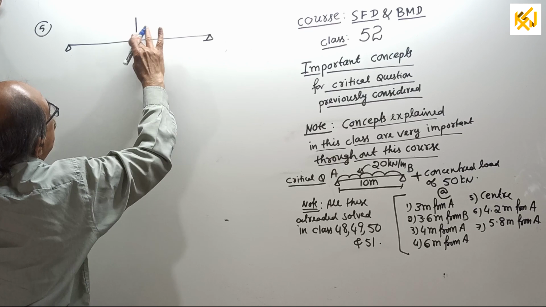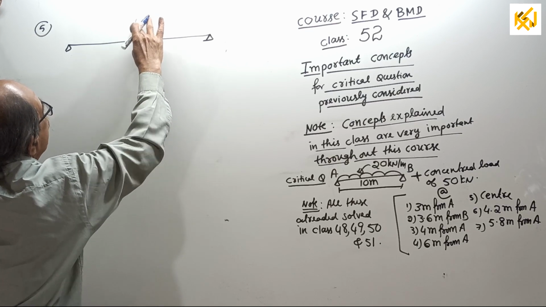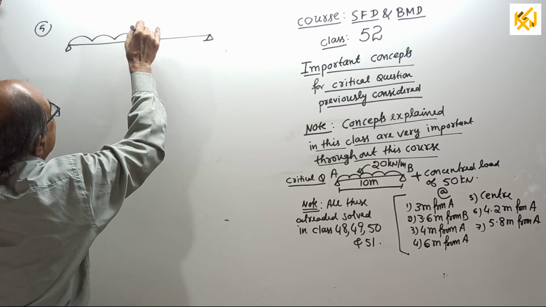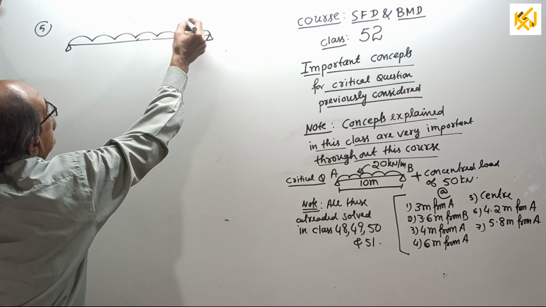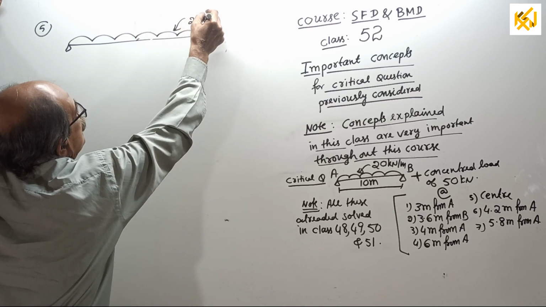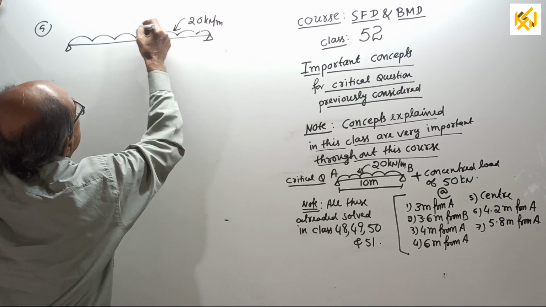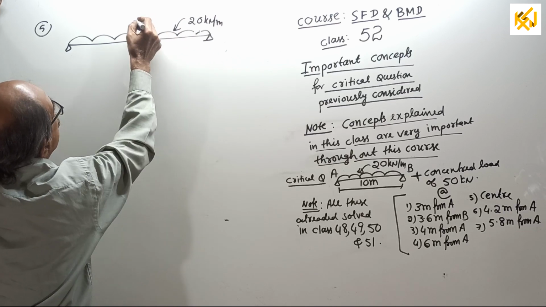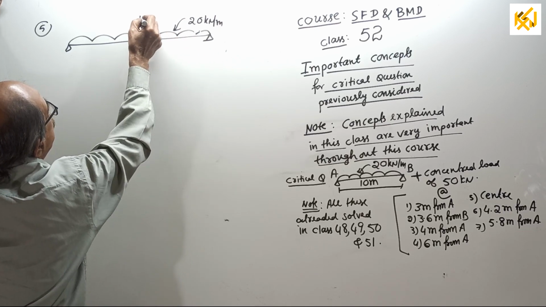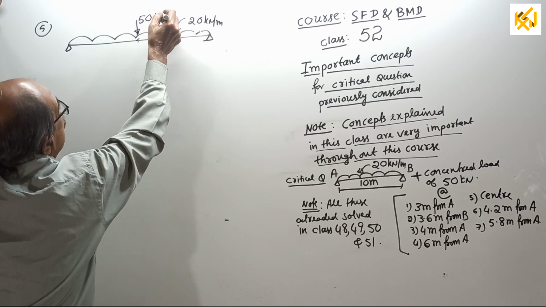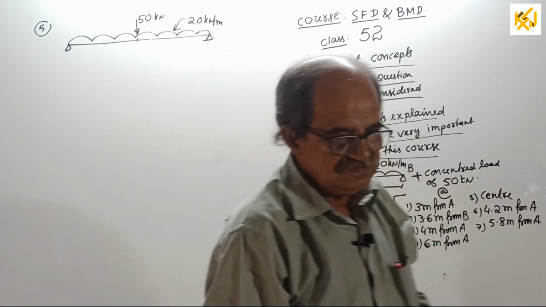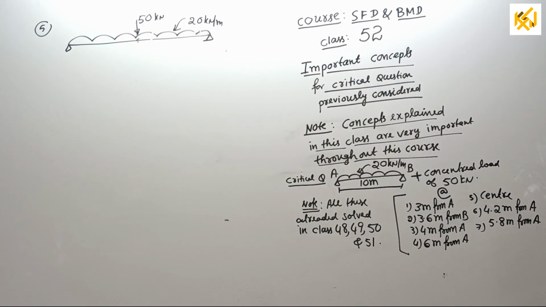Sorry, I should first put the UDL, otherwise it looks very odd, awkward. 20 kilonewton per meter, central load of 50 kilonewton. One minute. Let me see the camera once. I do not want the load to be not visible later. Visible. Okay, okay.